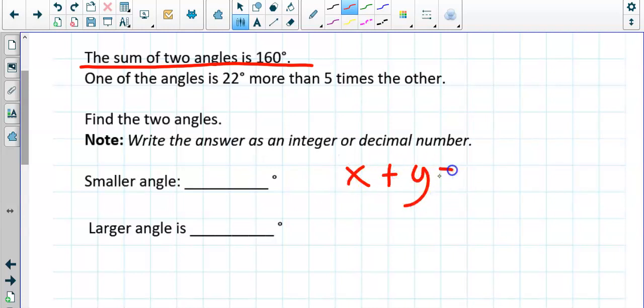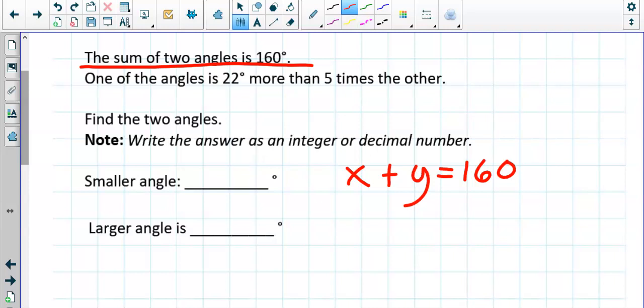Because I want to see what you're going to do with it. Yeah, the angles doesn't really mean anything. It's just like I said, this is just like the last one, except they've given you the context of angles. We're on number 8. So there's your first sentence. Well, we'll get to that. That's for the answers. We'll fill that in just a moment.